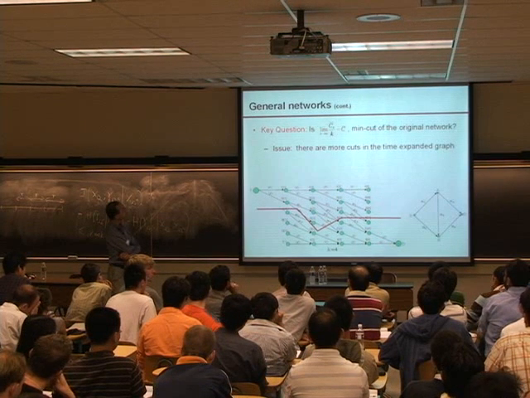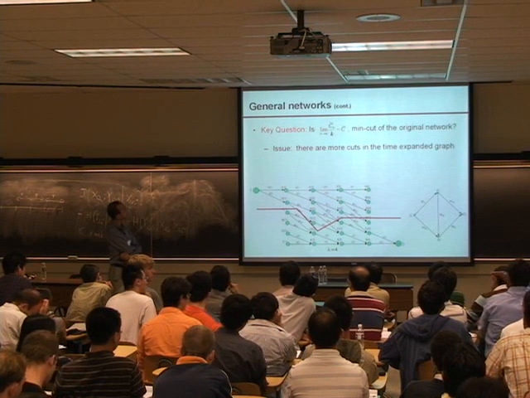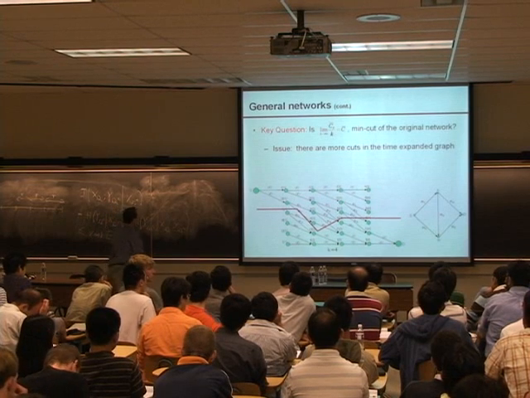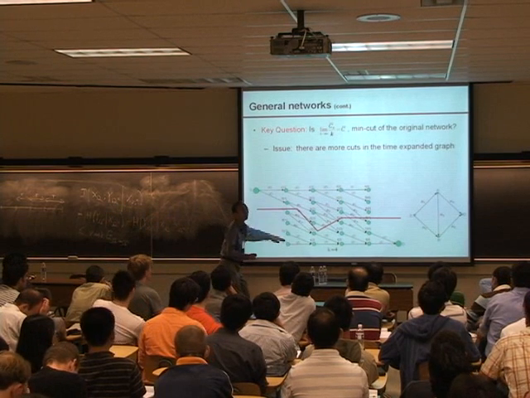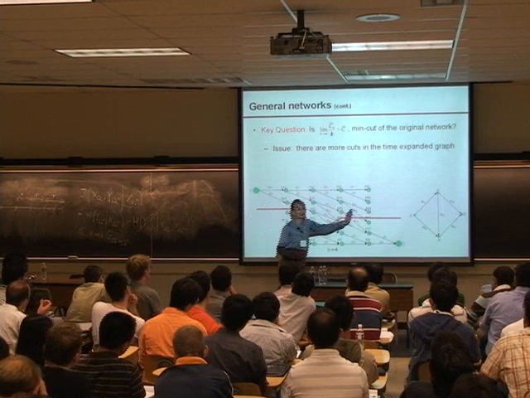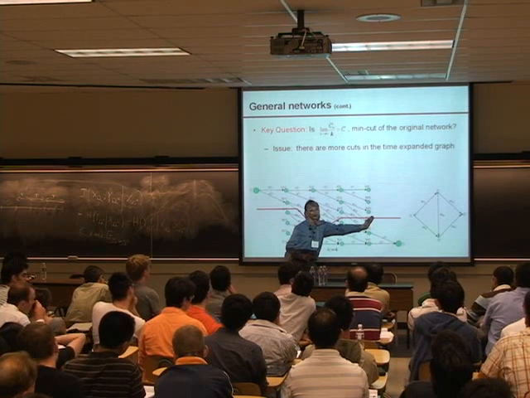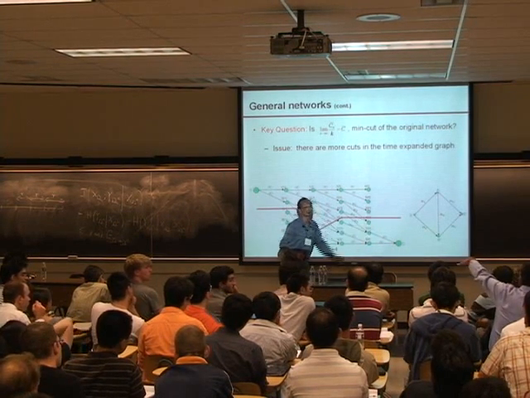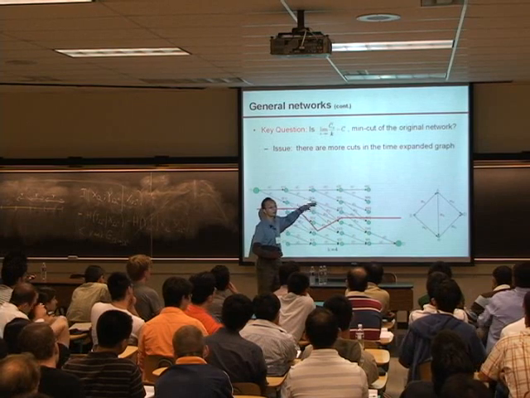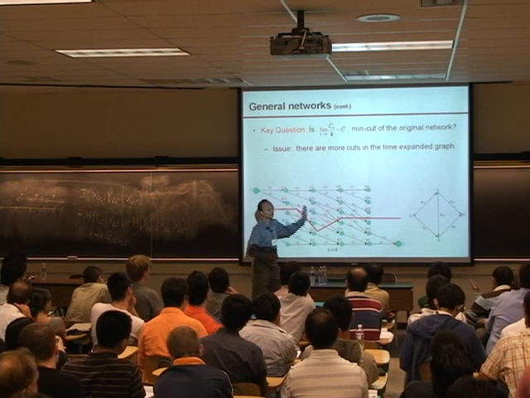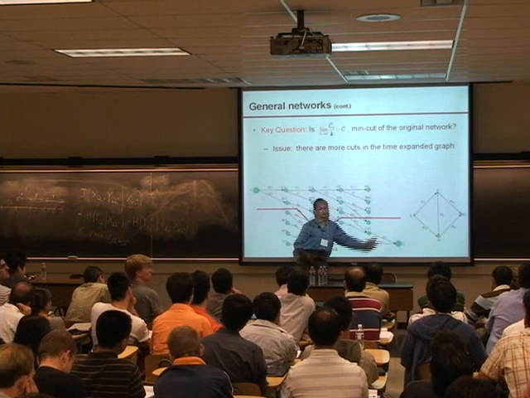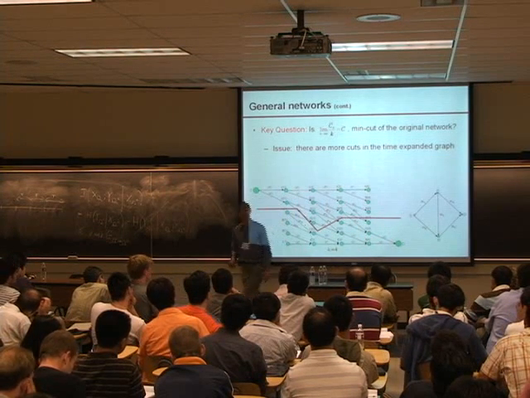So is there some lower bound on the number of layers? By the way, the layers are not horizontal. These are not the layers. The vertical ones are the layers. Does that clarify the confusion? I was talking about horizontal layers. No, horizontal is not a layer. The layers are the vertical. Okay, good.